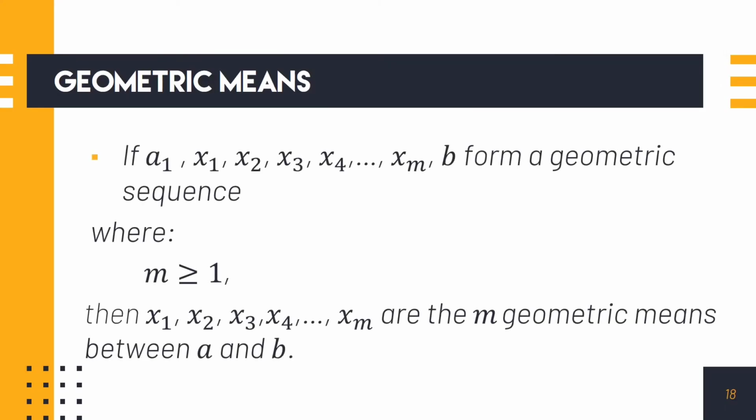If a, x sub 1, x sub 2, x sub 3, x sub 4, up to x sub m, b form a geometric sequence wherein m is greater than or equal to 1, then x sub 1 up to x sub m are the m geometric means between a and b.